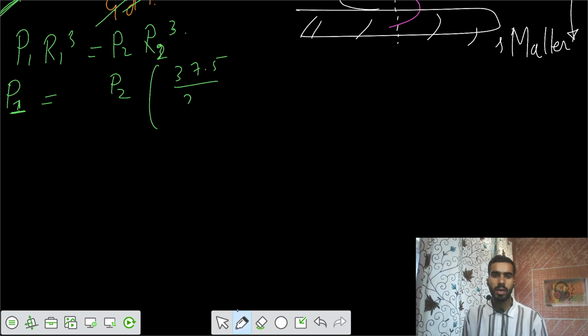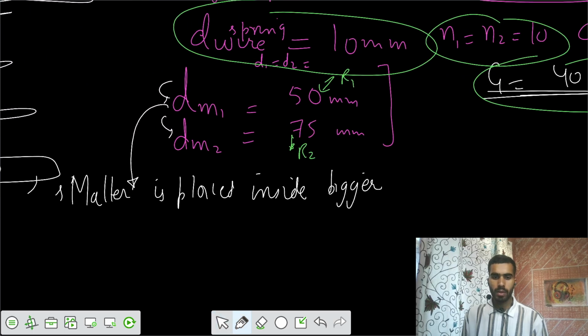37.5 divided by 25 power 3. So we get a value of p1 equals to some value of p2 times... We represented that p1 is corresponding to that smaller diameter coil.